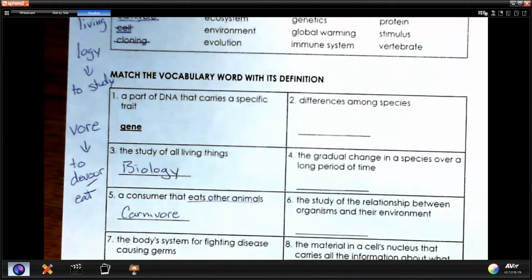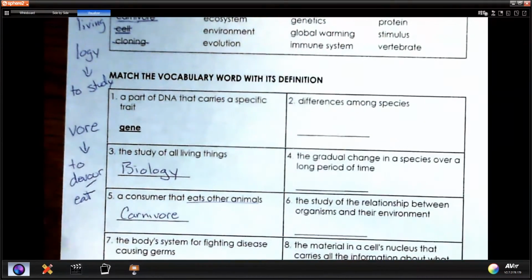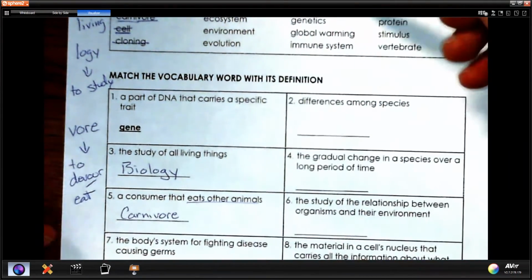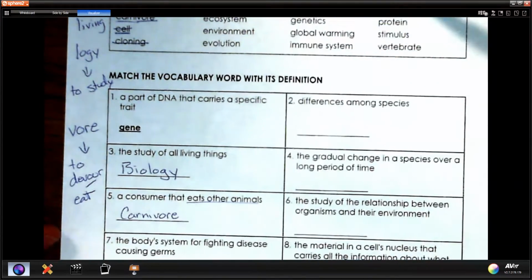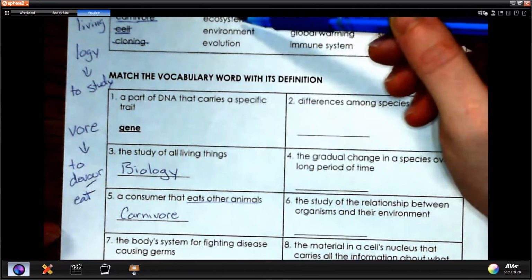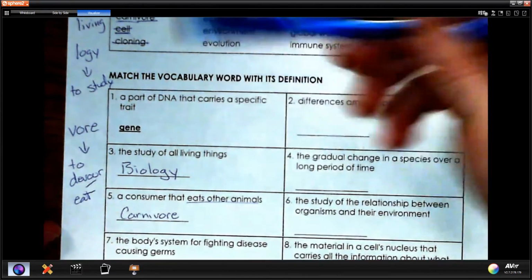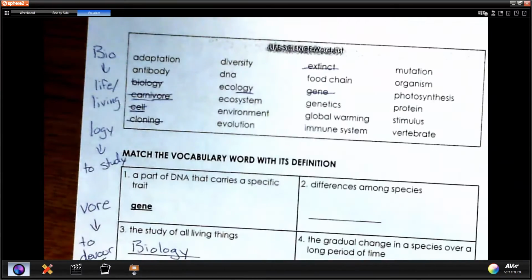So we have another logy word, right? Do we have any other logy words on here? Genetics, global warming, immune, mutation, organism, proteins, diversity, DNA, ecosystem, environment, evolution. So we have no other logy words other than ecology. So what does logy mean again?